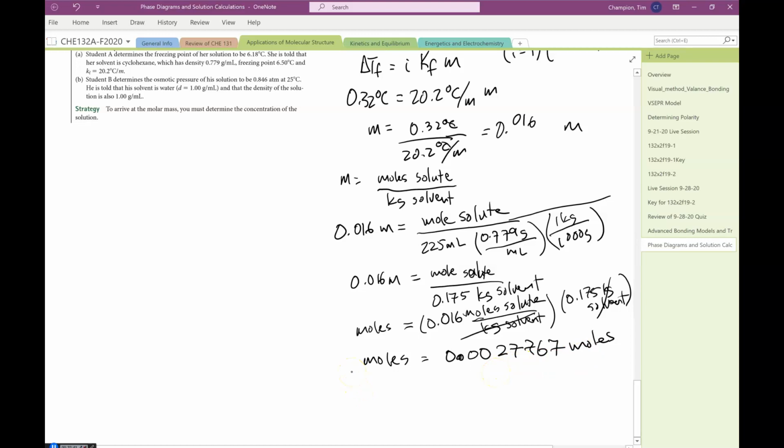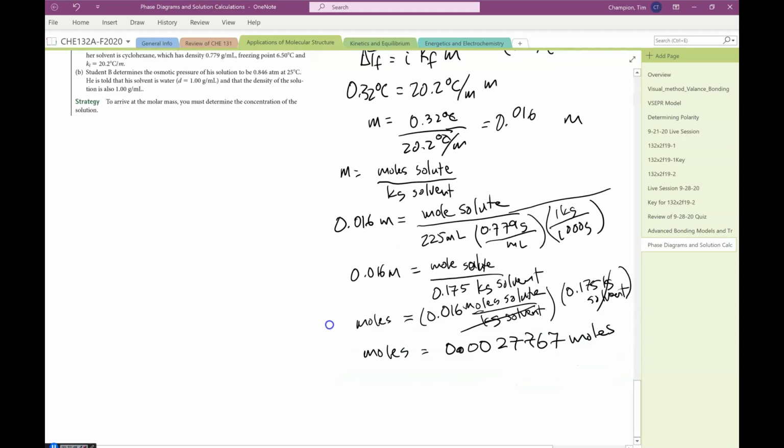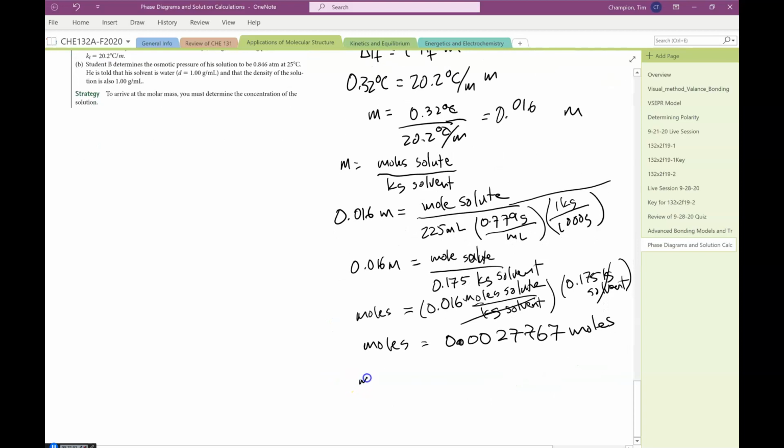Now, we need to know moles. We know we got 1 gram, right? So we know that if we take our mass in grams and we multiply by 1 over the molar mass, we will get moles. So molar mass is going to be equal to grams over moles, which is the way I learned molar mass.